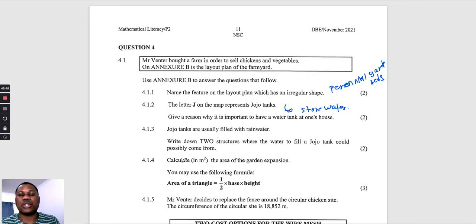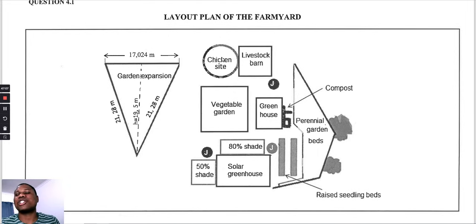Remember, when you have a Jojo tank, that means you will be using the rainwater. Okay, so you save on bills. Jojo tanks are usually filled with rainwater. Write down two structures where the water to fill a Jojo tank could possibly come from. Let's check.